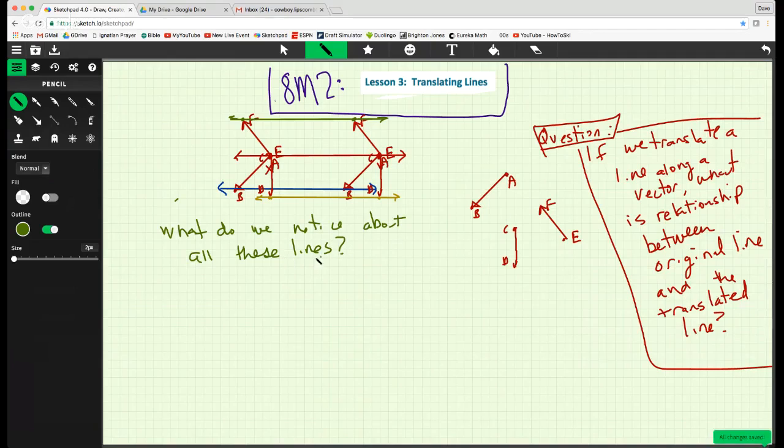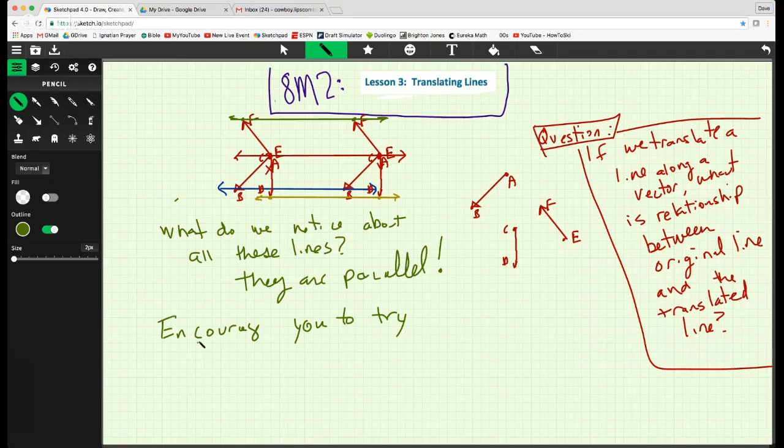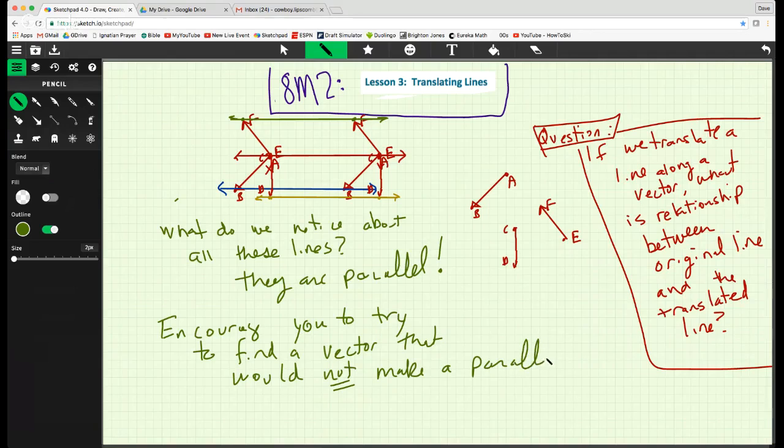I encourage you, you're right if you said they are parallel. And I encourage you to try to find a vector that would not yield a parallel translation.